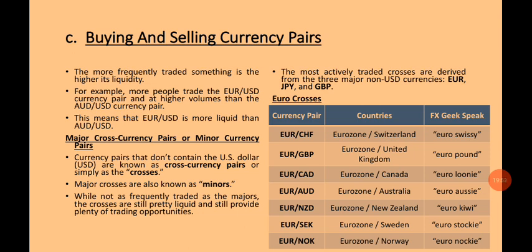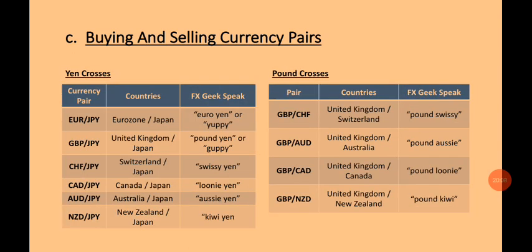So we have the Euro Swissy, Euro Pound, Euro Loonie, Euro Aussie, Euro Kiwi, Euro Stocky, and Euro Noki. We also have yen crosses, which we call the Euro Yen or EUP, the Pound Yen or Guppy, the Swiss Yen, the Loonie Yen, the Aussie Yen, and the Kiwi Yen.